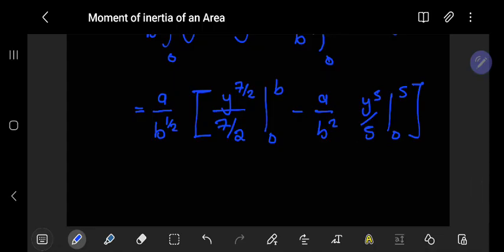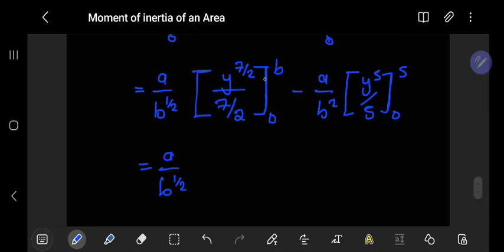When y is 0, the whole thing just gives us 0. So go for when y is b. So this is now a. Sorry, this coefficient is only for this part, and this coefficient is for this part. So don't get them confused. These are in pairs like that. So this is a over b to the power half.